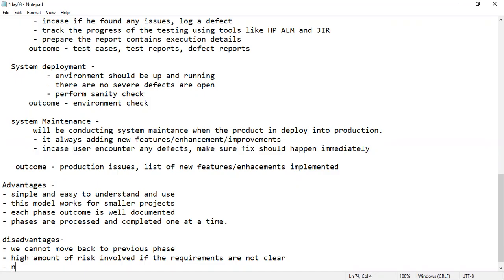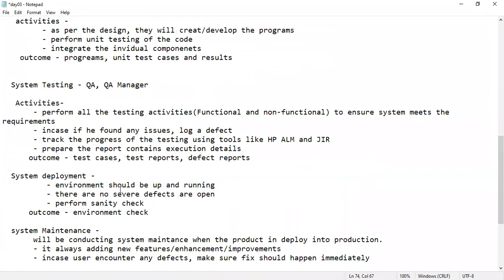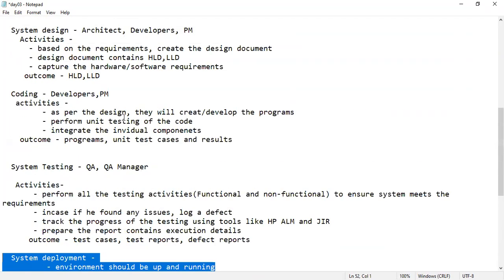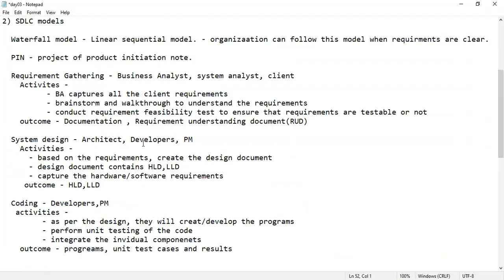No working software is produced until late during the life cycle. That means working software is ready only once you are done with system deployment. Let's say this is a 1-year project.